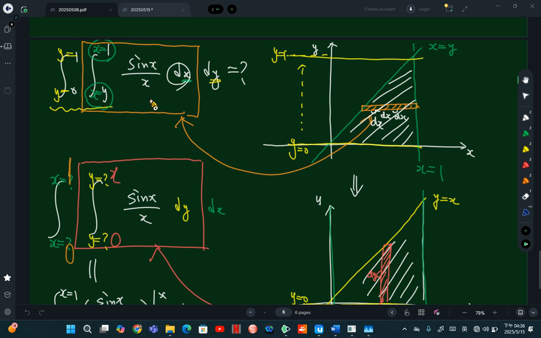As I suggested last week, for example, for this dx, you can just put x equal to y and x equal to 1 in front of the y and 1. It can help you understand the construction of the region.